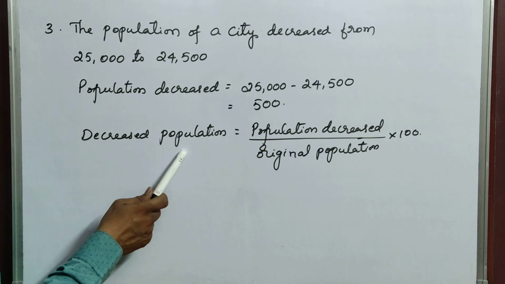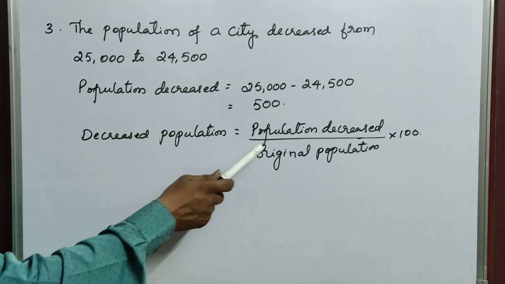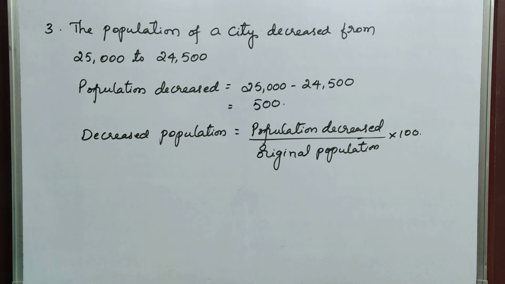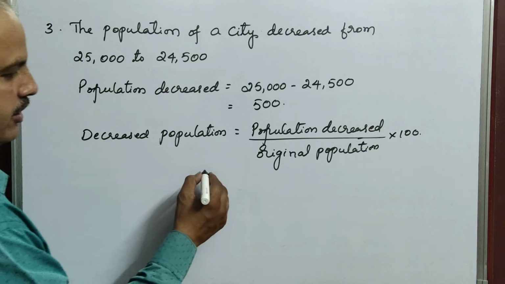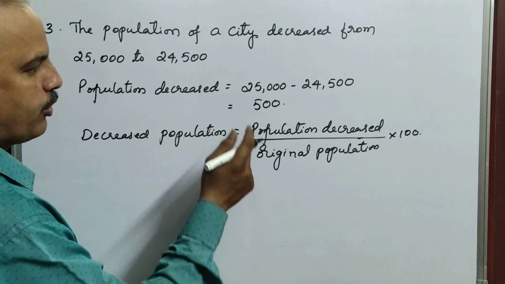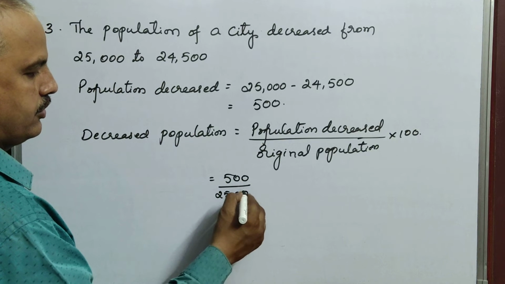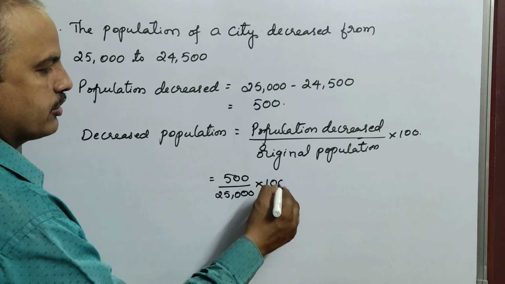Now decreased population. Okay, decreased population equals, that is population decreased by original population into 100. So what is the population decrease here? 500 by original population, which is 25,000, into 100. So what are you going to get now?